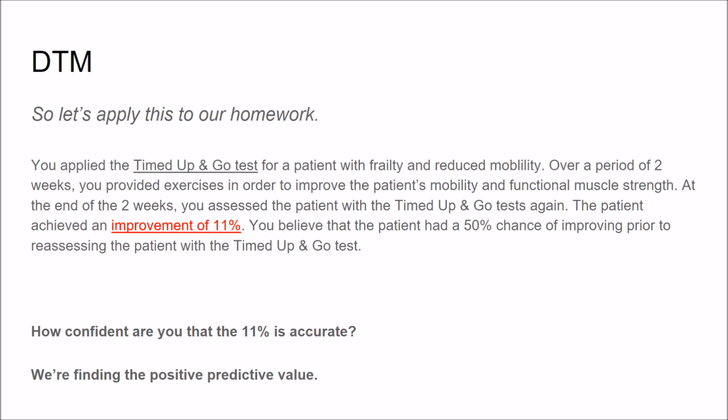So a lot of times what we're trying to do is we're simply trying to find the positive predictive value and not take what we see in front of us as an absolute thing. So the 11%, yes, the patient has actually improved by 11%, but then again, we need to know how confident we are.